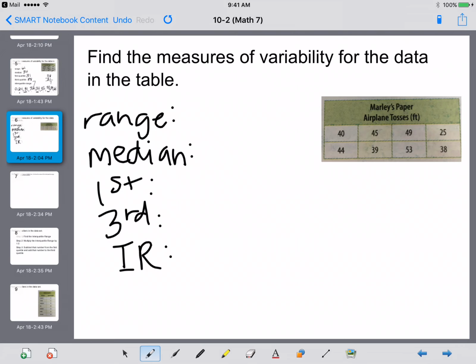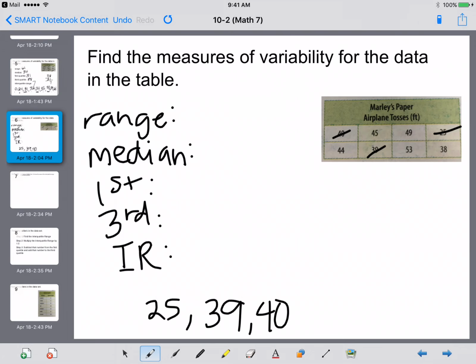So like we did earlier, we got to put these in order. 25, 40. Oops, I missed one. That's why we cross off. 29, 25, 39, 40. There we go.